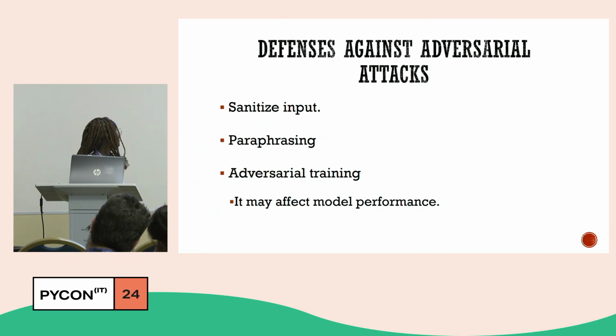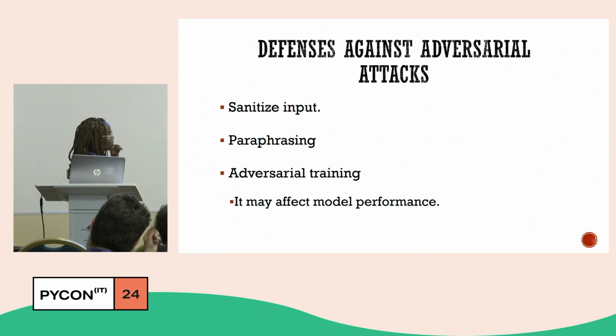The other thing you can try is paraphrasing, especially for LLMs. If you think that the input the user has given you is likely to be an adversarial example, then you can try to paraphrase it before making inference. What's considered the most effective in the industry as of now is adversarial training: after you've trained your model, you create adversarial examples and use them as part of your training data to make your model more robust.